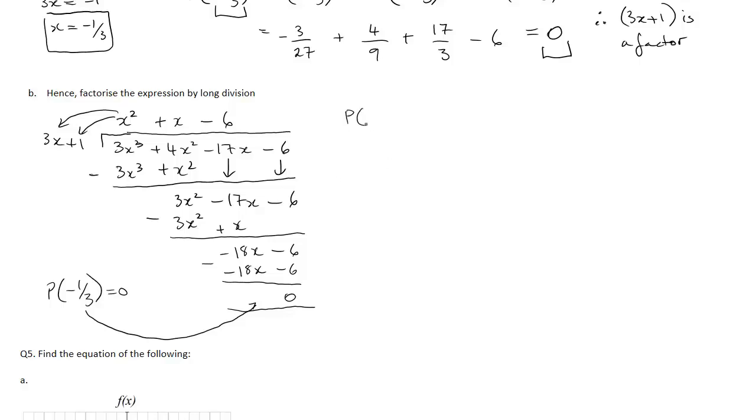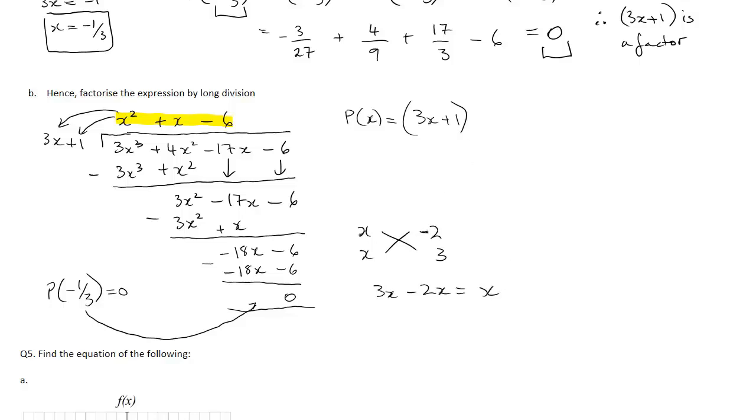So our polynomial, p of x, is the same as 3x plus 1 times this expression up here, which we are going to factorize. So x times x, and then 6 breaks down into 2 and 3, and you want to create plus 1, so you have to put the minus in front of one of these, then double check. x times 3 gives you 3x, x times negative 2 gives you minus 2x, which gives you x.